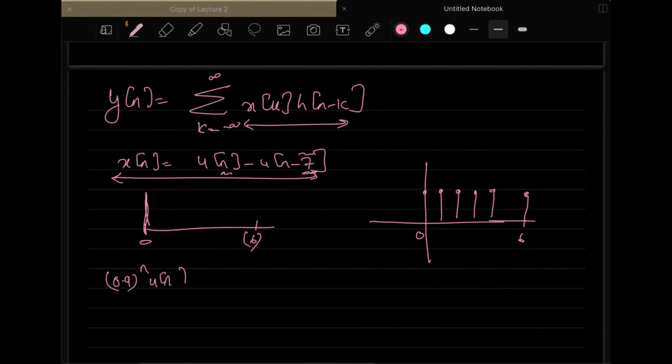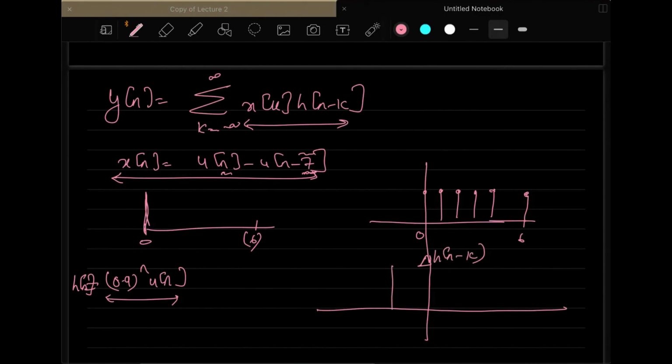If this is your h[n], then if you plot h[n minus k], it will look something like this. This particular sample at this point has an index of n, while the running sample, the time index, is k.